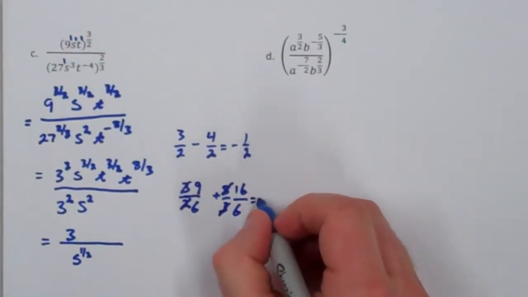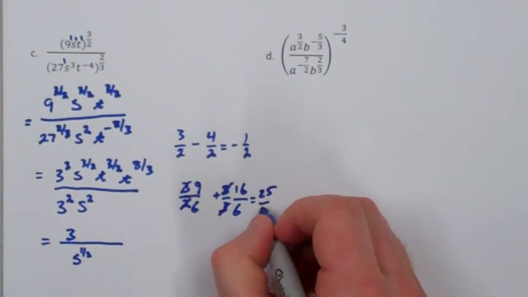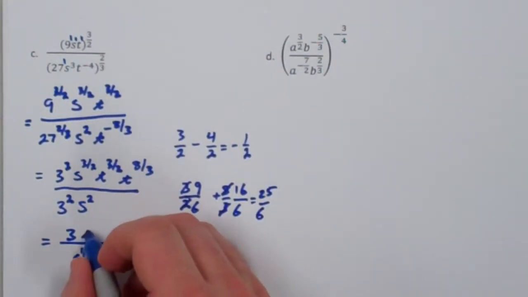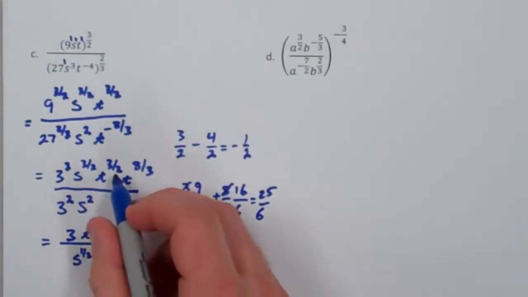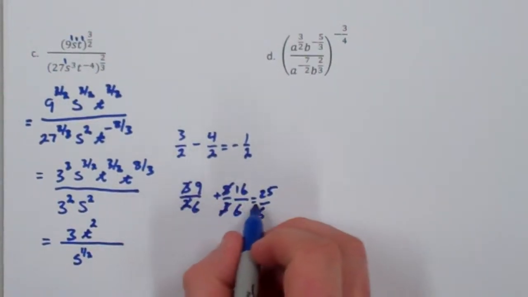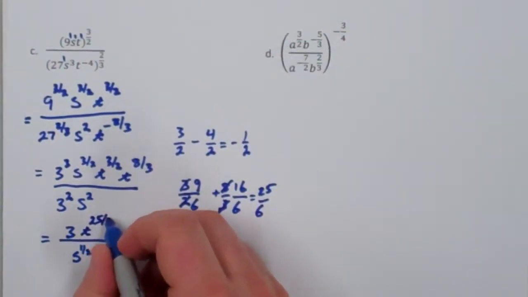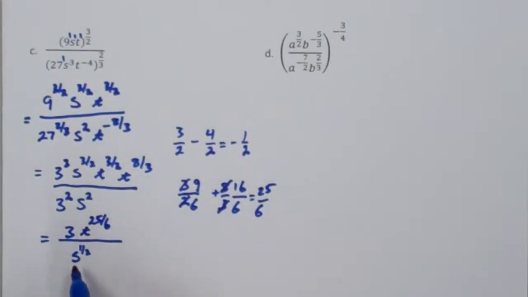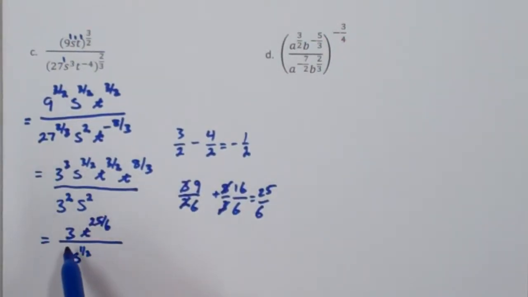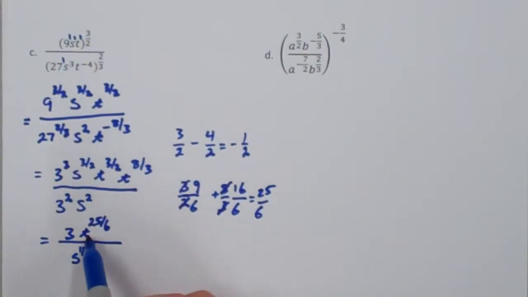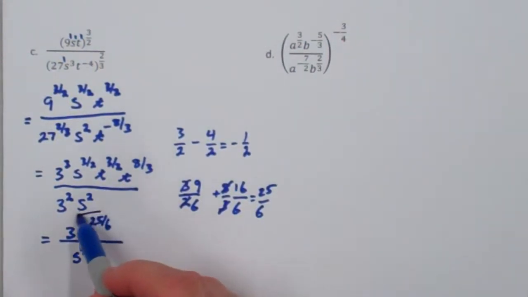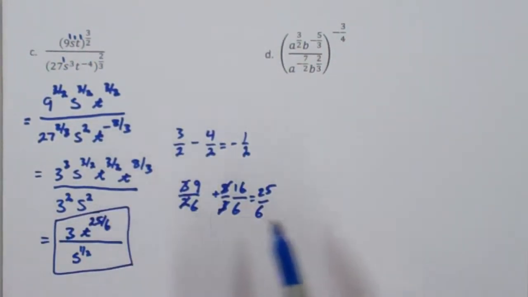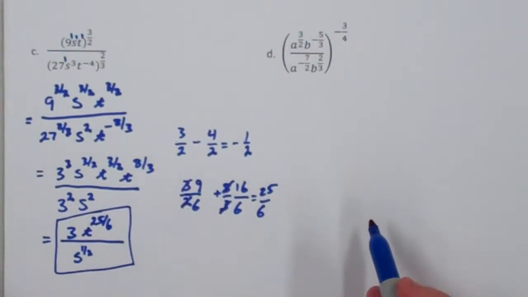So that's 25 over 6. And that's going to be the exponent for the t. 3 over 2 plus 8 over 3, we found out, was 25 over 6. If we take a look back, we took care of the 3's, we took care of the s's, and we took care of the t's, and that's all we really have to do, so we can just box that off as our final answer.